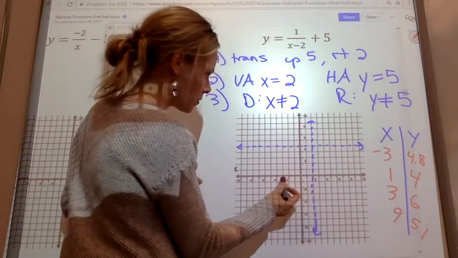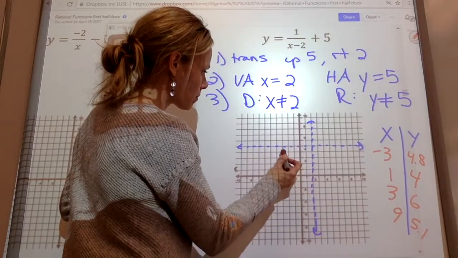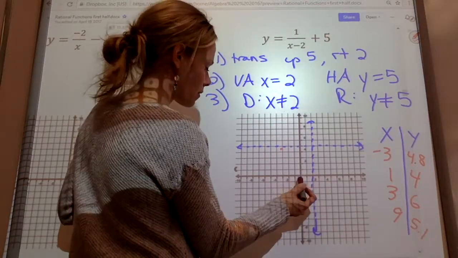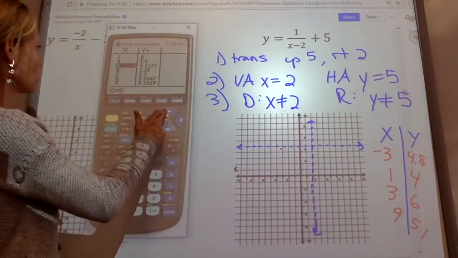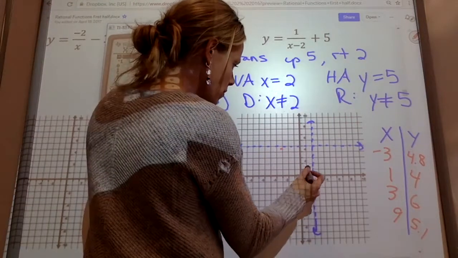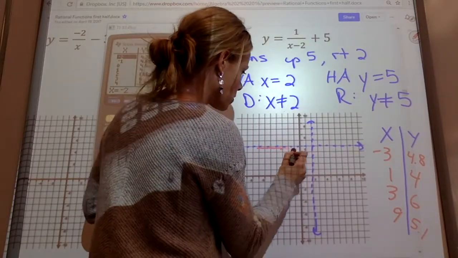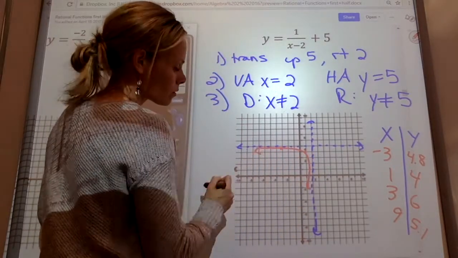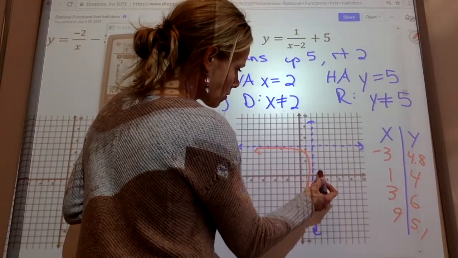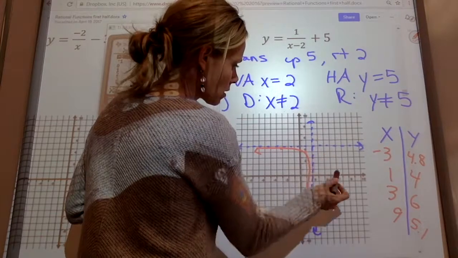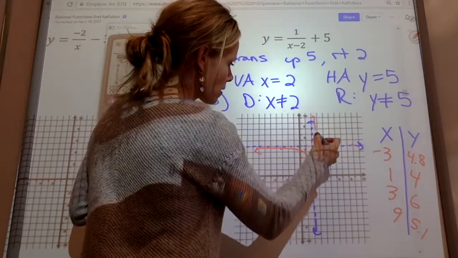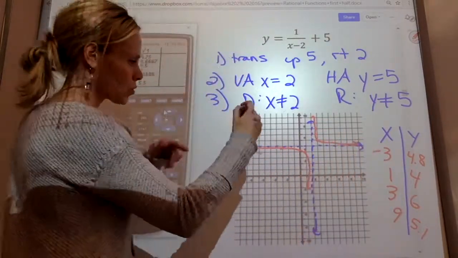So let's see, 1, 2, 3, 1, 2, 3, 4.8. It should be -1, 4, right? Oh, 1, 4. Oh, yeah. So there's one side and then 1, 2, 3, 1, 2, 3, 4, 5, 6, 9, 1, 2, 3, 4, 5.1. And again, you have those 2 curves.